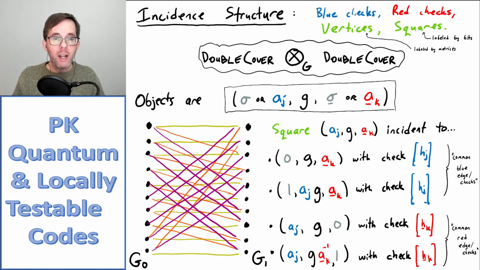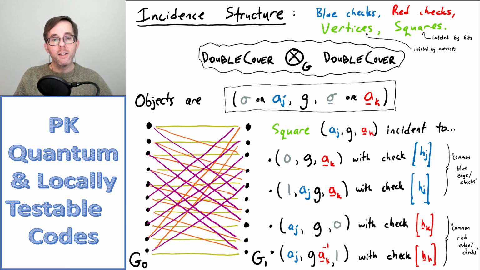Our quantum LDPC code has some blue checks, some red checks, some vertices. These were the rare sites before, and therefore the vertices are now going to be labeled by matrices of bits. And the squares are like the common sites. These are going to be labeled by bits. So now it's a new thing: squares get labeled by bits, vertices get labeled by matrices.